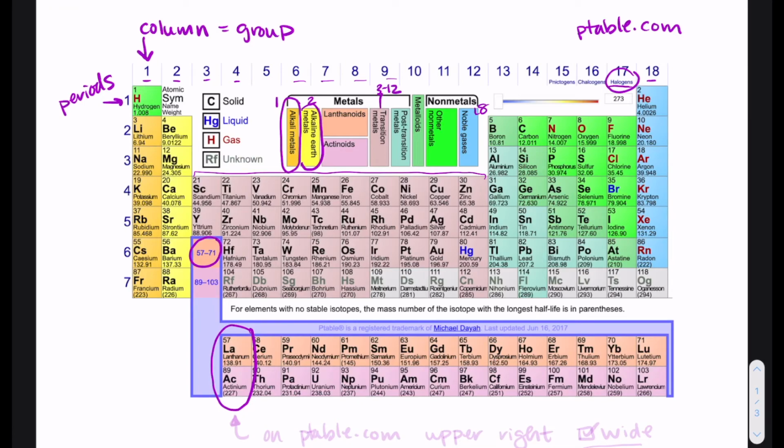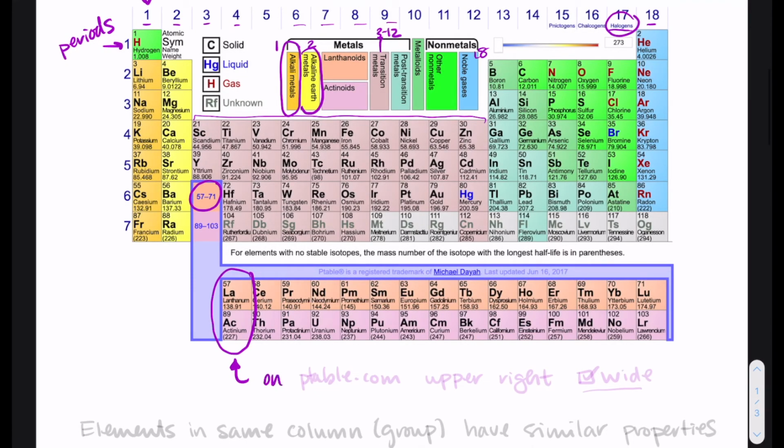Those 2 rows underneath are the lanthanides and actinides. Now, they're separate from the periodic table, but based on the numbers, if we were to put them in the appropriate place so that everything is ordered by the number of protons, they would show up in rows 6 and 7, and that's where they really belong.